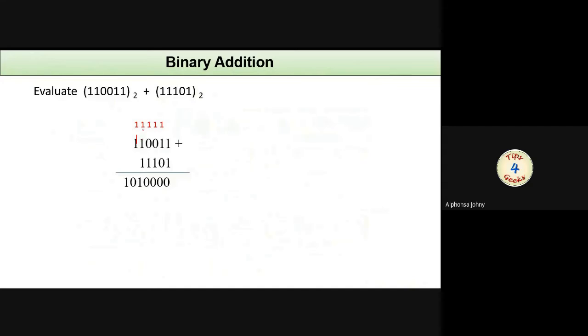That 0 to be added with the carry from the previous step. That is 0 plus 1. The answer is 1. Next, 1 plus 1 is equal to 0 with a carry 1. So there are no bits to add on the left side. So that carry is appended to the left of the 0. So the final answer is 1010000 to the base 2.